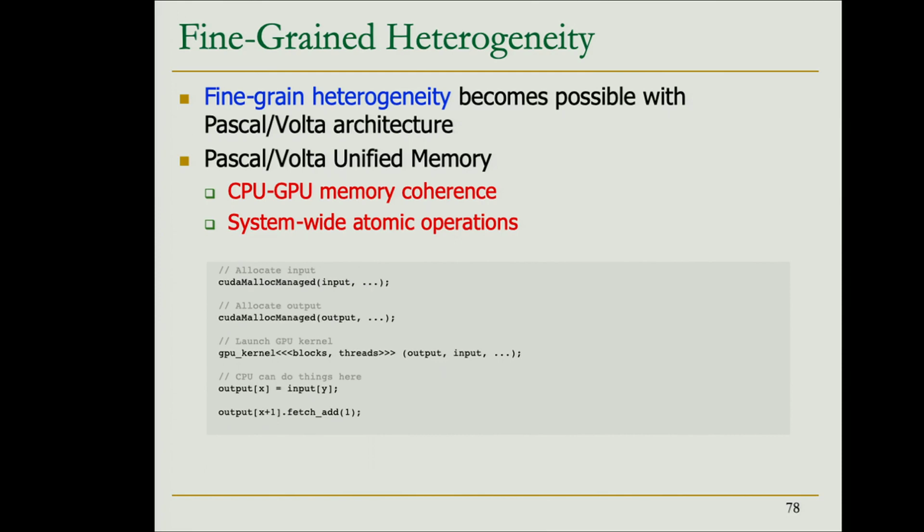The good thing is that with unified memory, the way it already exists in the Pascal and Volta architectures from NVIDIA, but also in the HSA architecture from AMD and other vendors, you see, the kernel is launched with these arguments, output and input arrays, and as soon as I launch the kernel, which is a completely asynchronous operation, the CPU can continue computing and can directly operate on these arrays that are also being operated on by the GPU kernel.